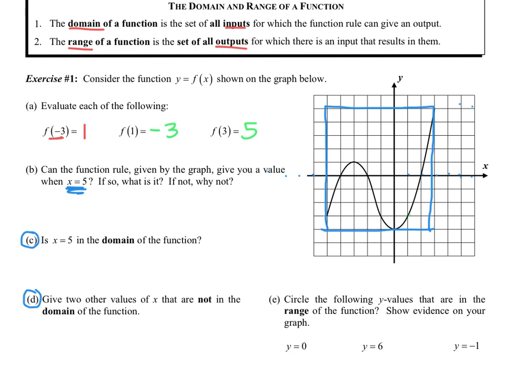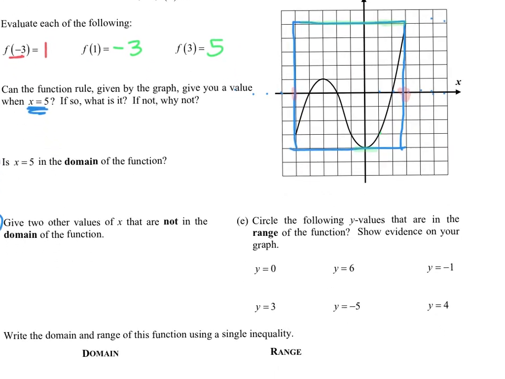Our domain, again, is the x values. It's any x values from here to here. The range is the y values, any y values from here to the top of the graph. So this is what we're talking about, inputs and outputs, except we're going to call them domains and ranges.